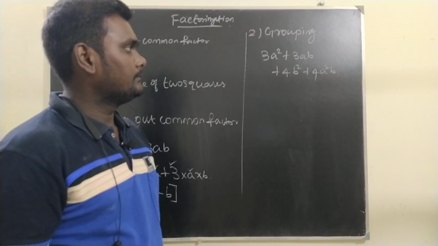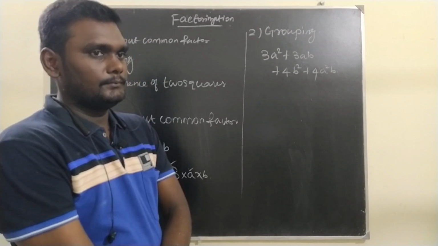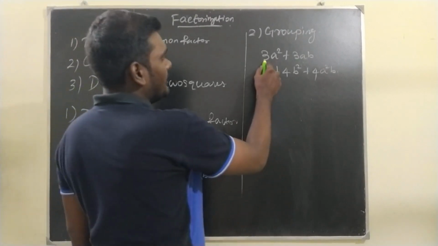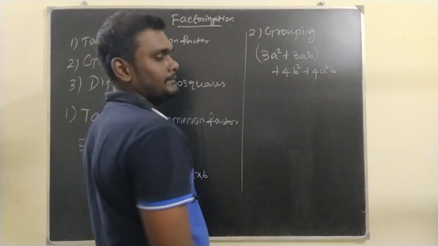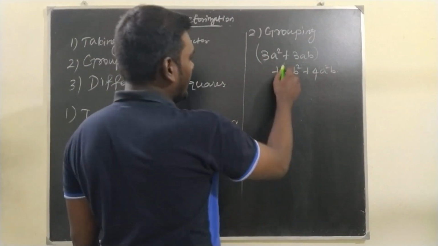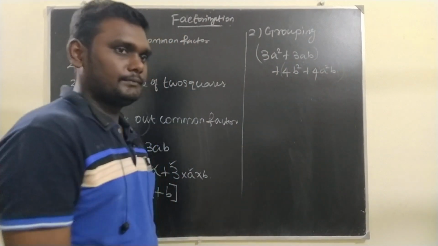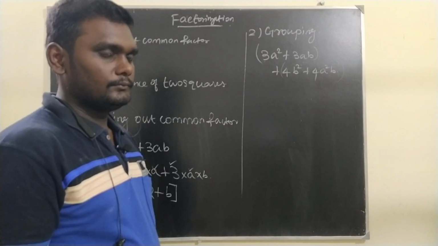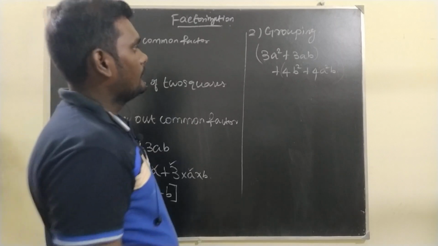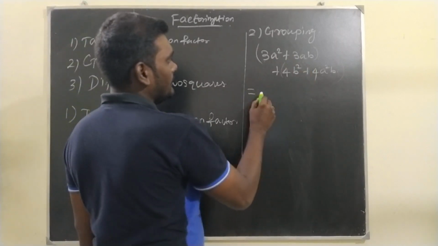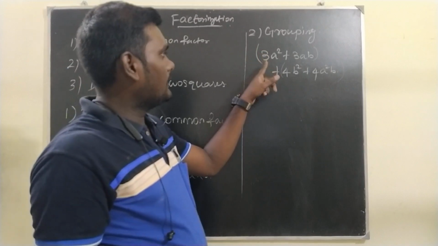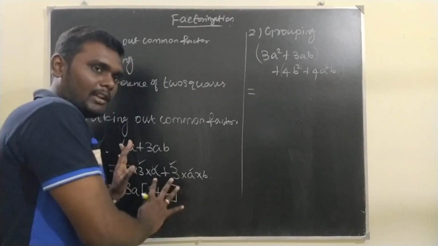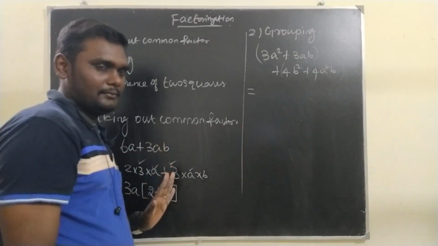In this, from the first two terms we can gather, and the second two terms we can group. From the first two terms, something can be taken out. We are going to apply the same thing we did, taking out a common factor, but not from all.